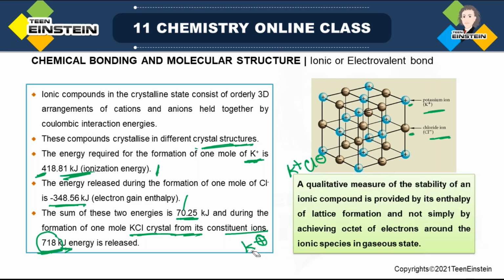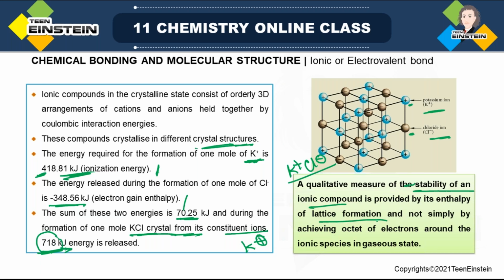A qualitative measure of the stability of an ionic compound: how will you know whether the ionic compound that you have, in this case potassium chloride, is stable or not? It is provided by its enthalpy of lattice formation or energy of lattice formation.